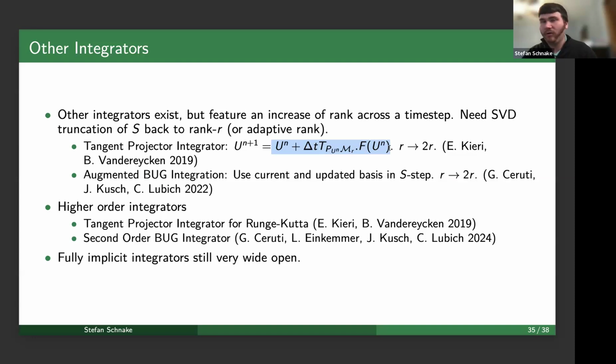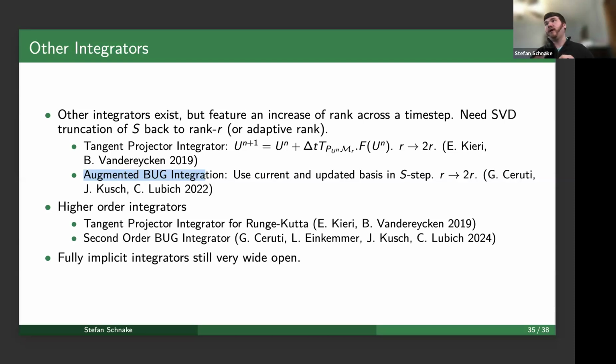This has been extended to higher order methods as well. You can also take the augmentations of the previous integrators we saw. Essentially there's this method called the augmented BUG, where you use the previous basis and the new basis you create in the S step. So you're going from R to 2R in the S step, but you can get some nice conservation properties and you can decrease the error constant in your local truncation error as well.